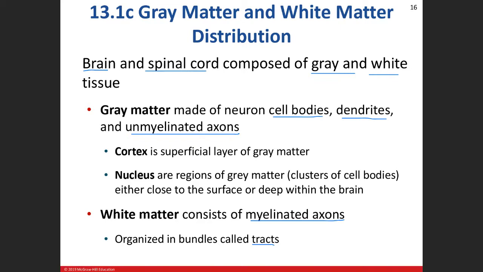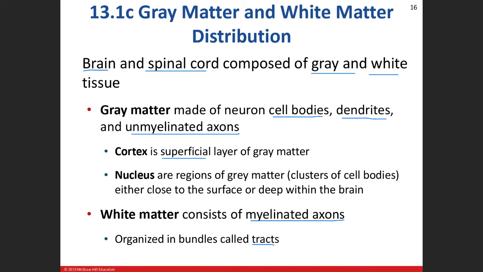So when you hear terms like the cerebral cortex, what we're actually referring to is going to be gray matter. But in this case, it's going to be superficial. It's going to be the superficial portion of the central nervous system.